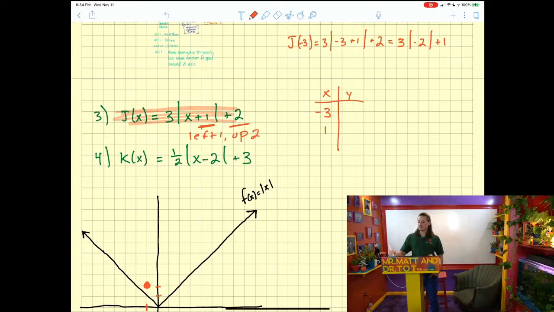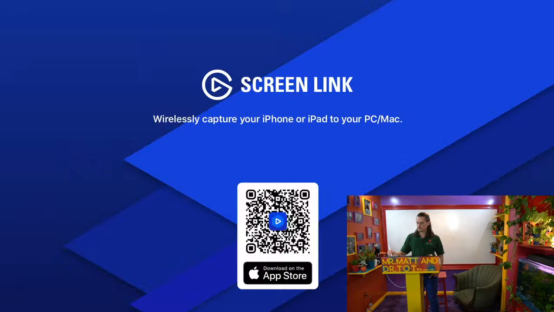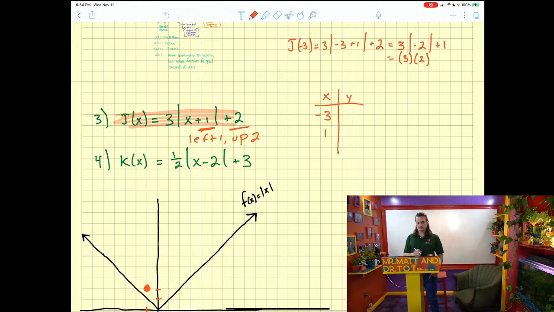The absolute value of negative 2 is 2, so we get 3 times 2 plus 2. I apologize, my iPad keeps disconnecting. 3 times 2 is 6, 6 plus 2 is 8. So when x is negative 3, y is positive 8.